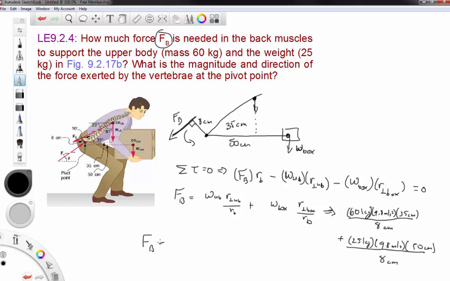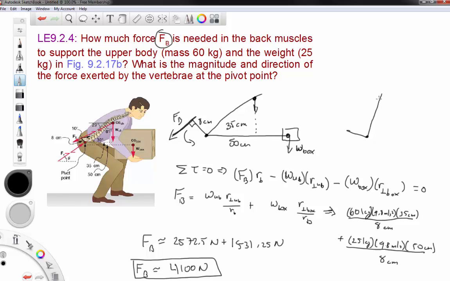So the force that the back is going to need to exert in this case is about 4,100 newtons. So that's quite a bit of force just to lift up a 25 kilogram, or 250 Newton-ish, box. And notice if we were to change this diagram just a little bit, in other words, if he were to stand a little more erect upon lifting, then his center of gravity might be more like this in comparison.